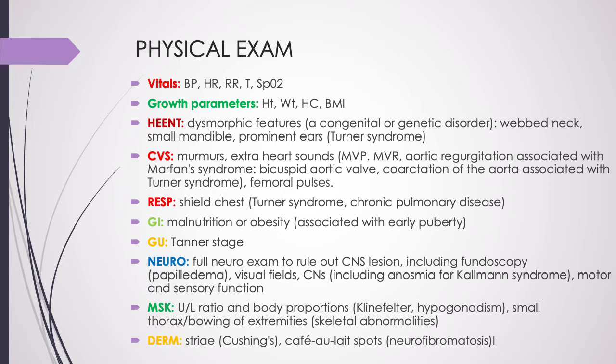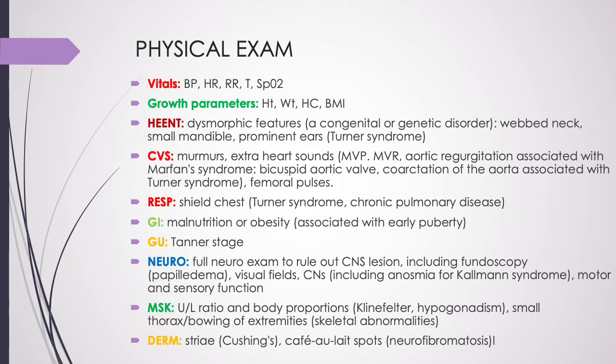In the respiratory exam, we have to look for shield chest, which can be seen in Turner syndrome. GI: we have to assess for malnutrition or obesity. GU: we have to examine the Tanner stage to assess the maturity or if there is any precocious puberty.